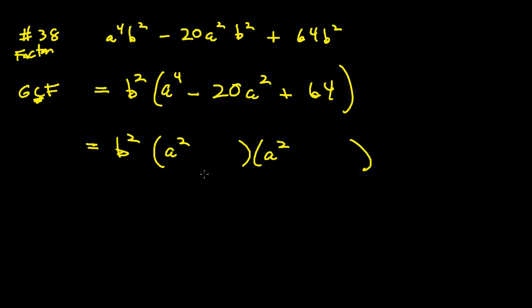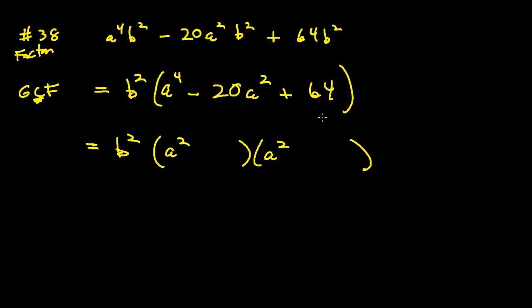All right, then the first product will be a to the 4th power, and the outer and inner products will be indeed multiples of a squared. All right, 64. Well, 8 and 8. Let me think.